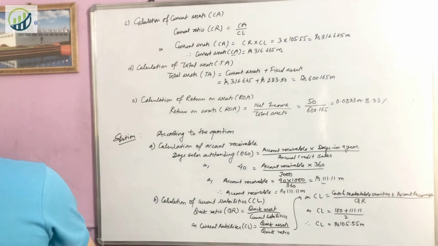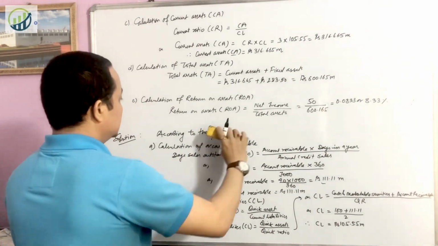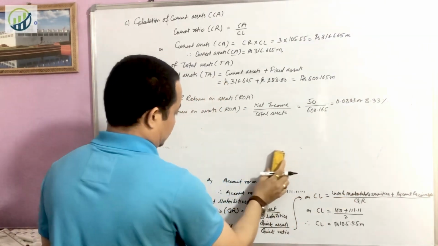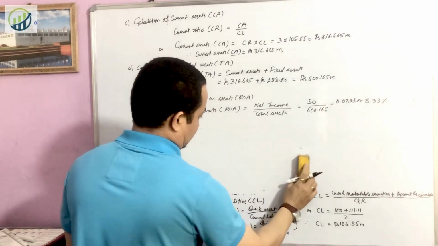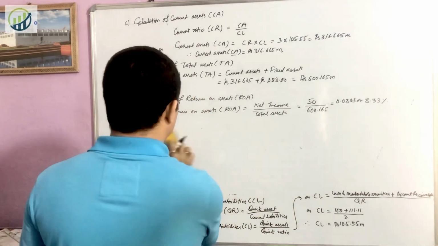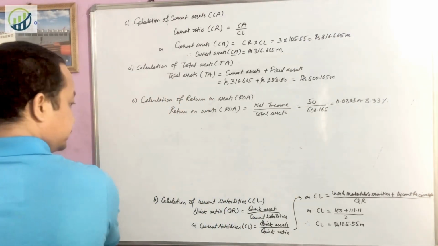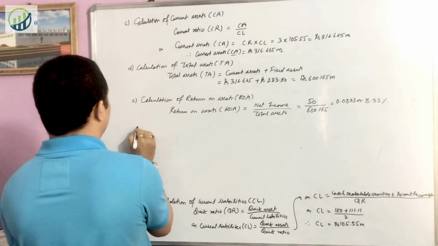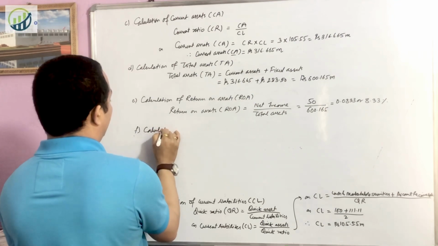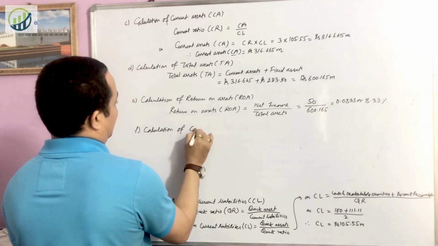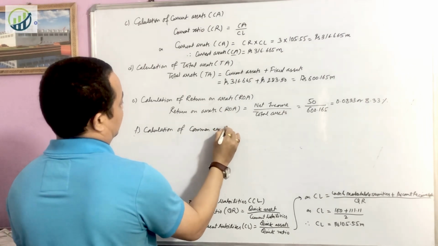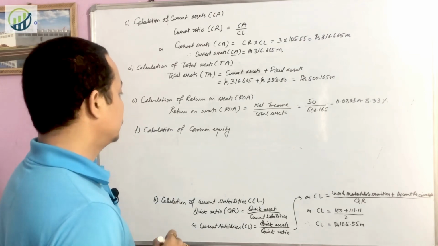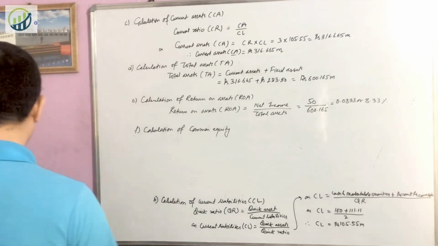Now after you find return on asset, next you have to find common equity. Calculation of common equity. You have to use return on equity, which is given in the question.